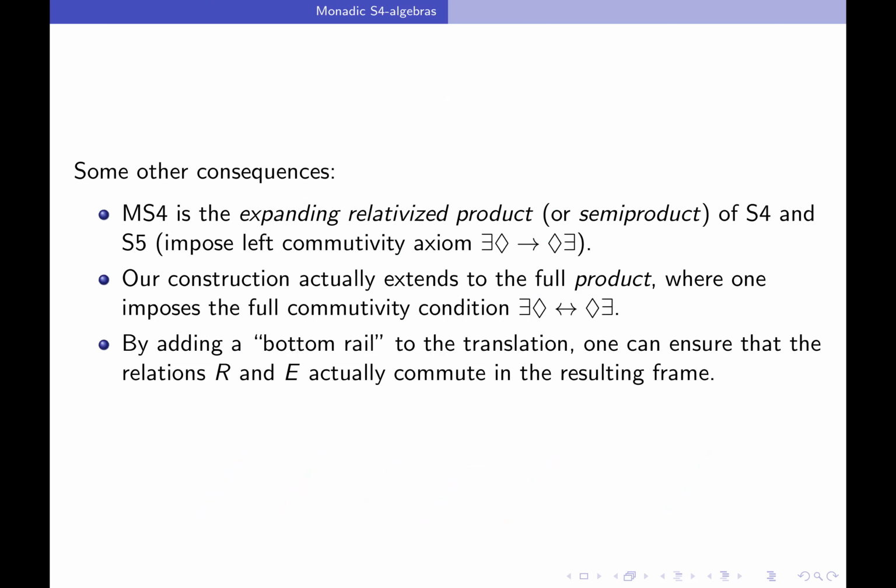And we can actually alter this construction so that it extends to the full product, which is important because we have a better hope of understanding products of algebras than these semi-products. But our construction actually extends to the full product.